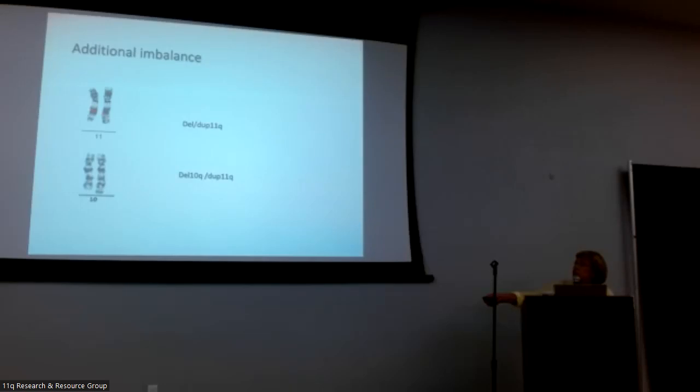There is a deletion and a duplication of 11. In this case, there will be a partial deletion of chromosome 10 and a partial duplication of 11q. So there is an additional imbalance, and this additional imbalance would also be expressed in the phenotype.